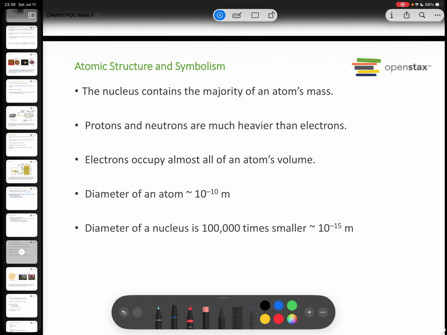A typical atom has a diameter of around 10 to the negative 10 meters. The nucleus is about 100,000 times smaller. Okay? Around 10 to the negative 15 meters. The atom is mostly empty space talaga, no? But its mass is concentrated in the nucleus.